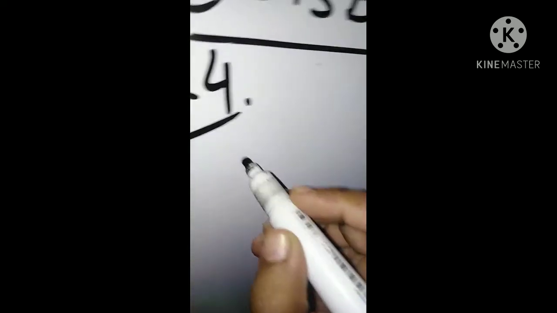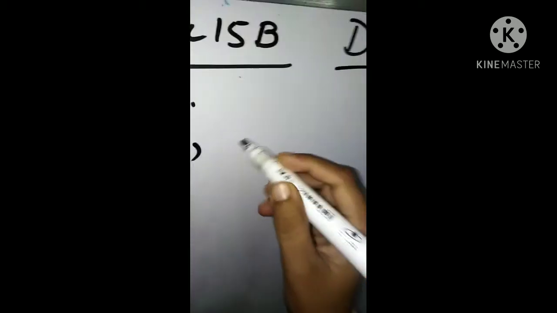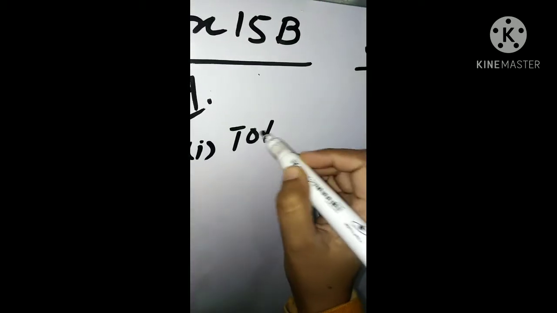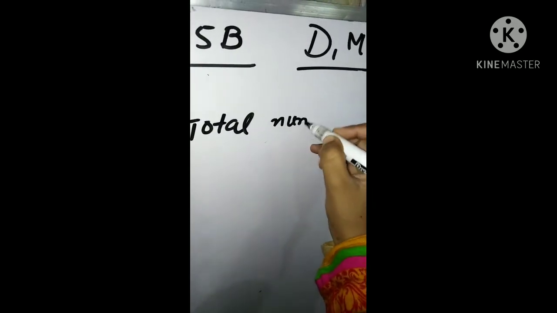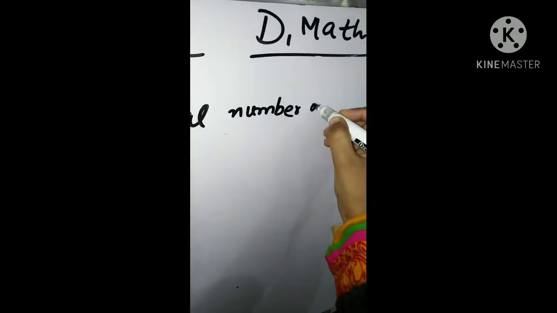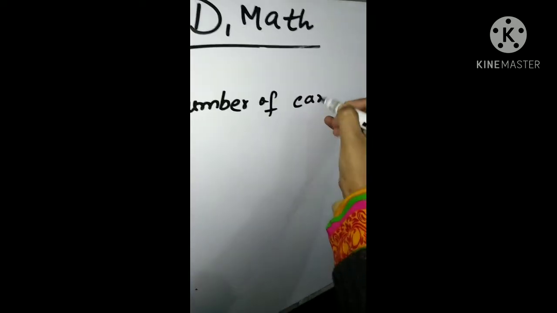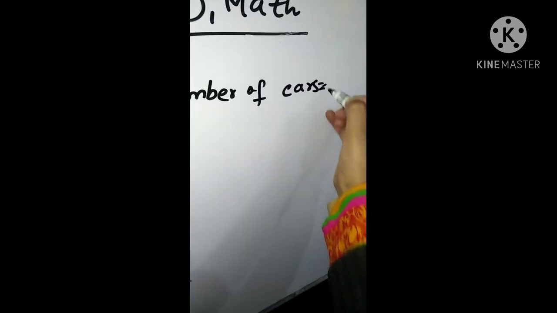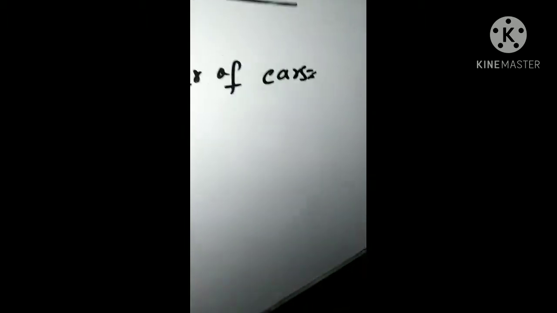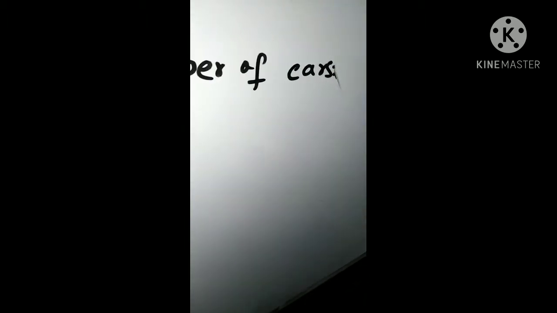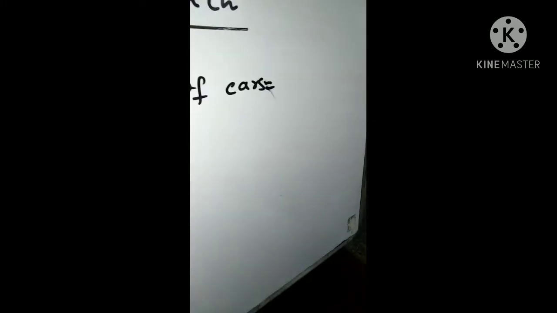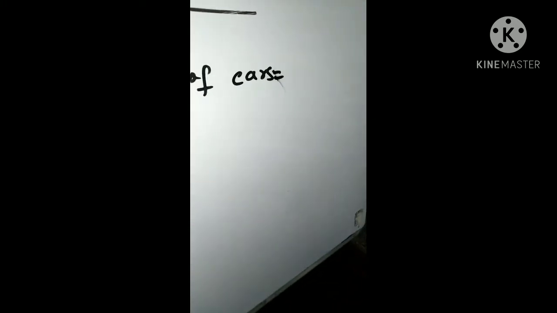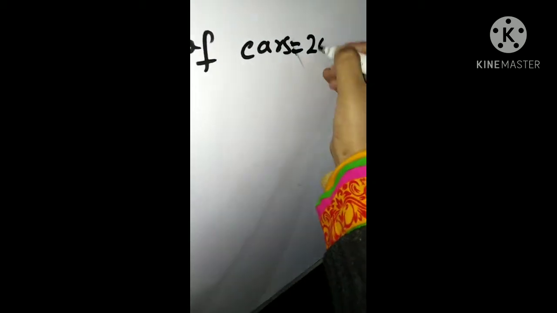This is the first part I am doing. Total number of cars is equal to, okay, so the first bar goes till 20, so you write down 20.